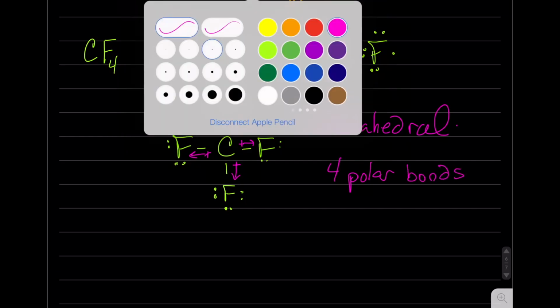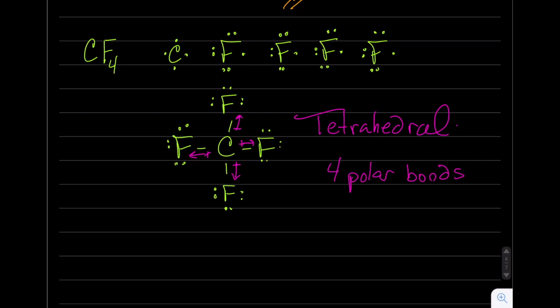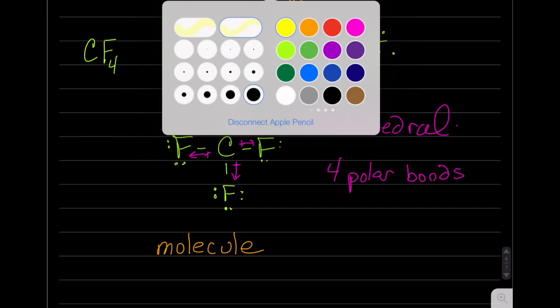Question, of course, is the molecule polar or nonpolar? Well, look at this. Let's pick a different color, purple.